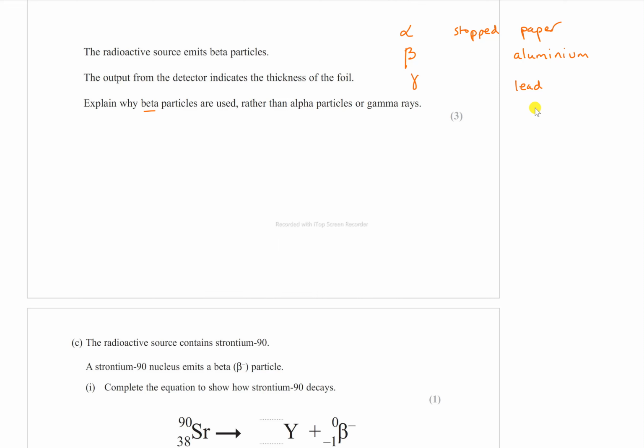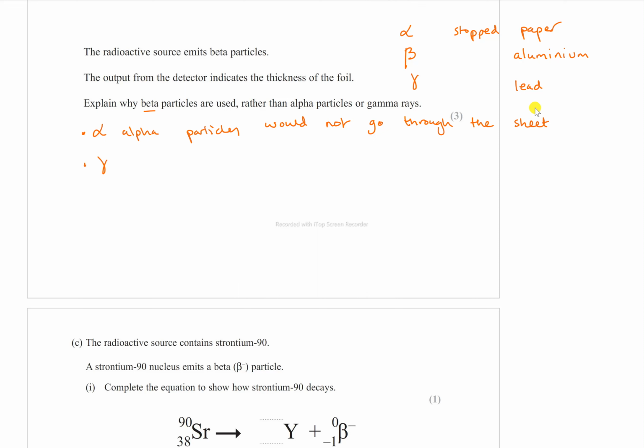First of all, alpha particles would not penetrate or go through the metal sheet.